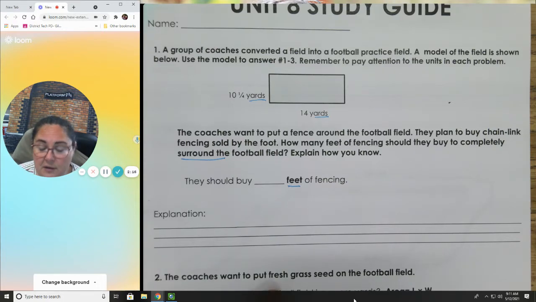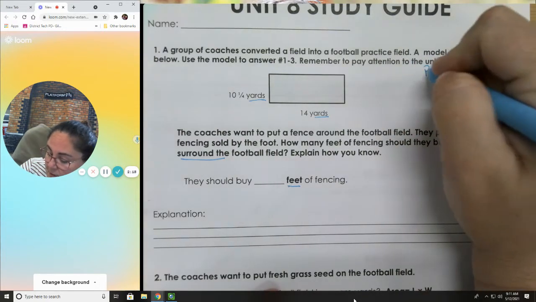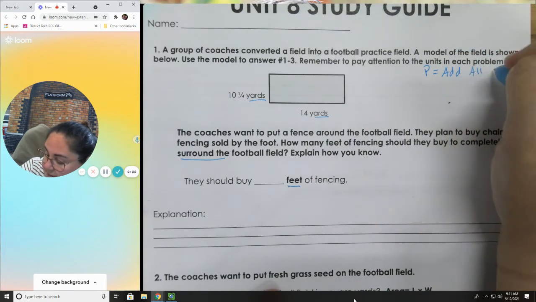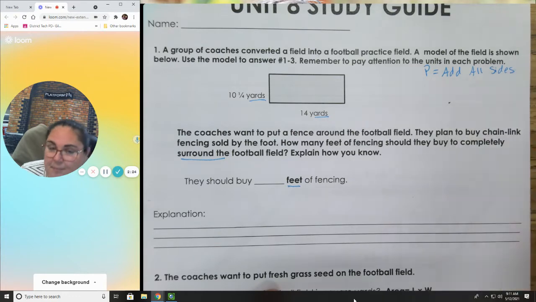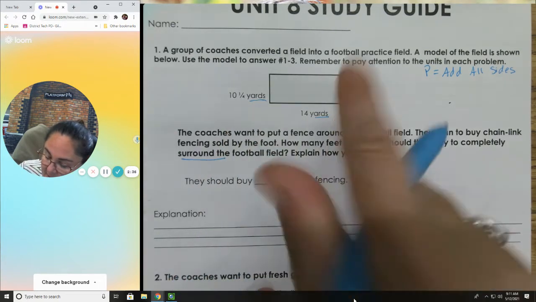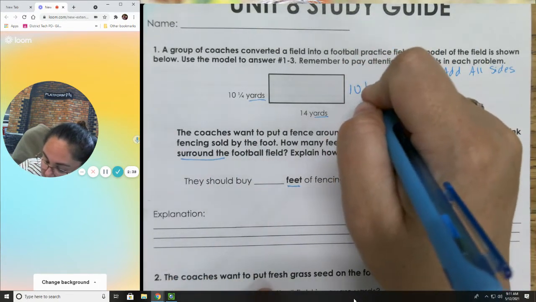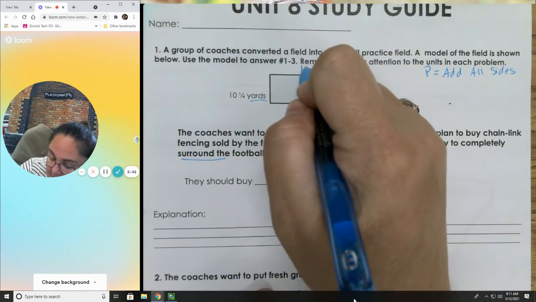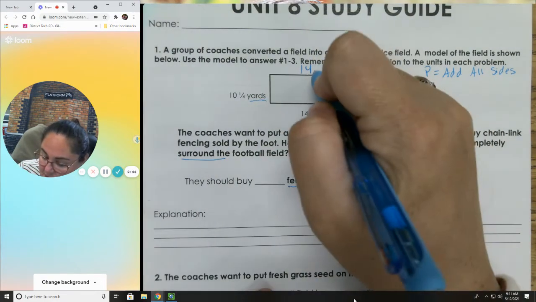To find the perimeter, you add all sides. There are other parts of the formula that you can use, but the basic premise is you add all sides together. Okay, so 10 1/4 is this side. That is also this side. 14, it's also this side. And these are yards.